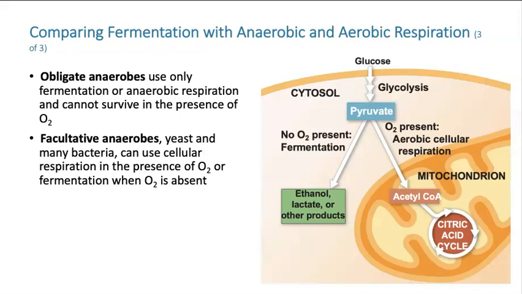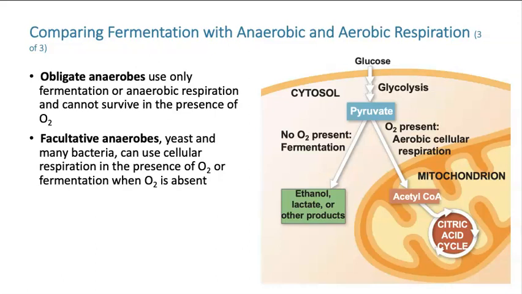Some organisms absolutely cannot stand oxygen, and they actually get killed in the presence of oxygen. So obligate, that means they're obliged to, they must. Obligate anaerobes only use fermentation or anaerobic respiration and can't survive in the presence of oxygen.